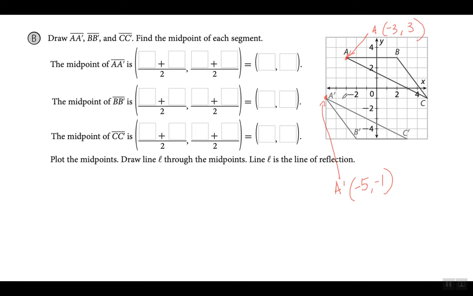Again, the rule is you add the x coordinates and divide by 2, and you add the y coordinates and divide by 2. So the x coordinates for A and A prime would be -3 plus (-5). Before we go on to the y, let's solve that right now. -3 plus -5 is going to give you -8.